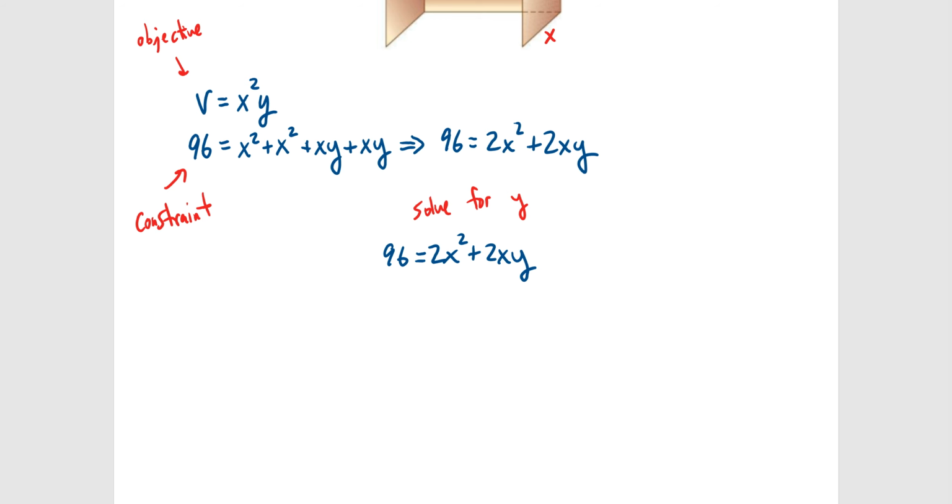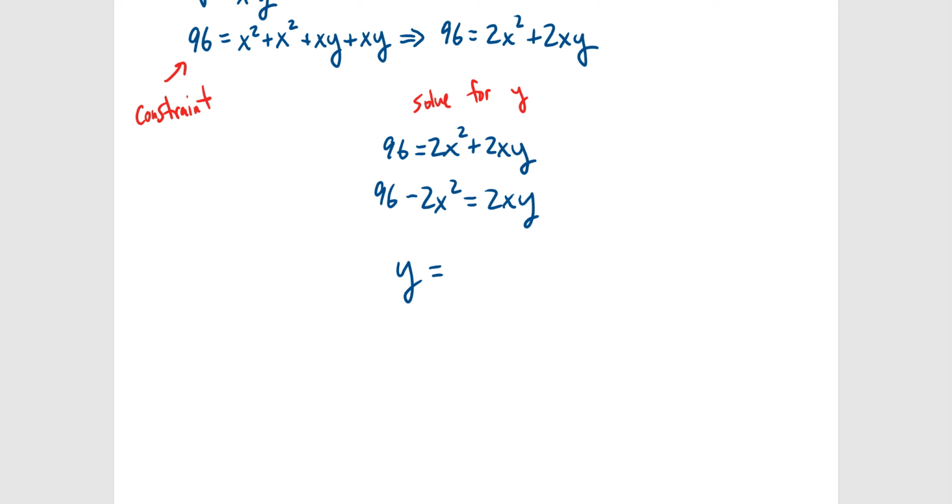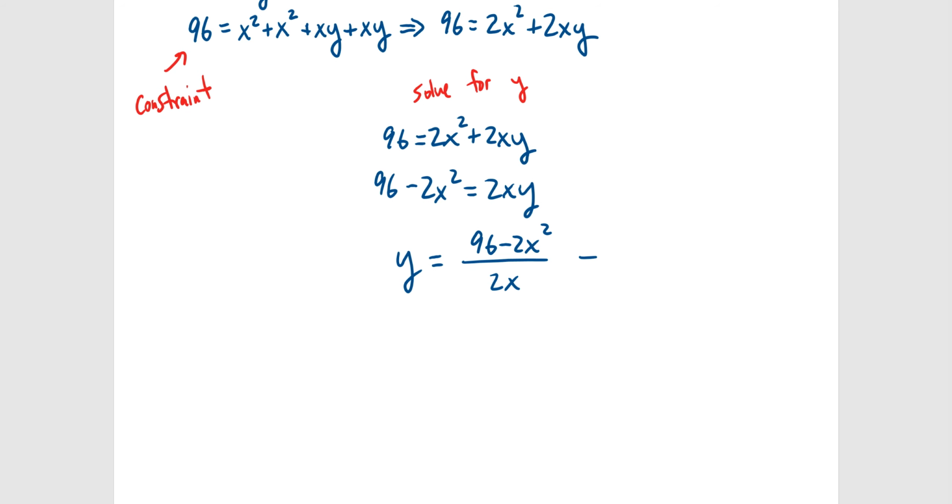So we can subtract 2x squared to the left. And then we can divide both sides by 2x. And that'll give us 96 minus 2x squared divided by 2x. And let's make it a little bit easier on ourselves here and simplify that.